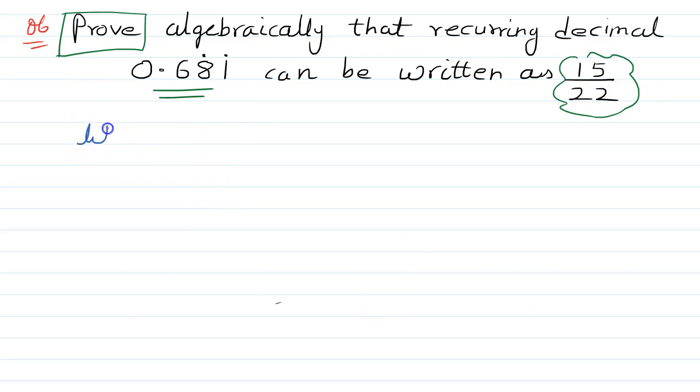So let x be a fraction, and it is 0.681, where 8 is recurring and 1 is recurring. Now let's multiply by 10 both sides, so it will be 10x.